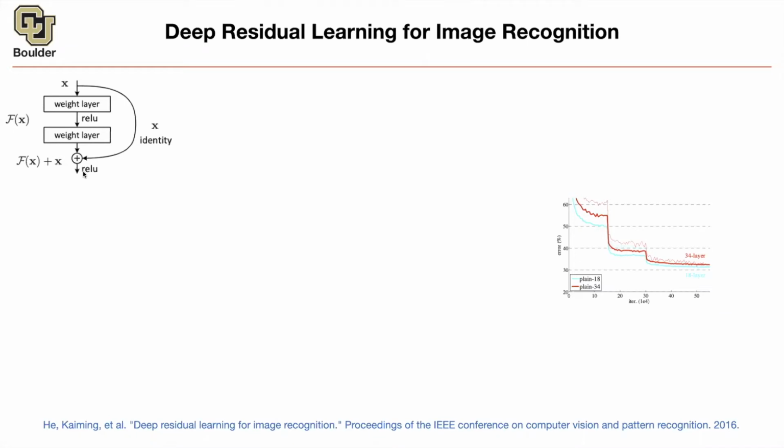Another interpretation is that it's easier to learn the difference between one layer and the other one compared to learning the entire thing. We are going to go through some super resolution paper later on. If you're super resolving your image, the low resolution image is already a good approximation of the high resolution one.